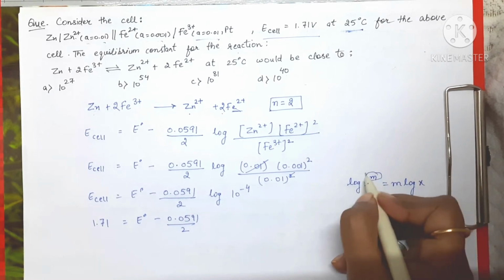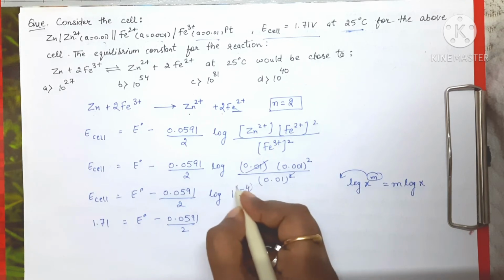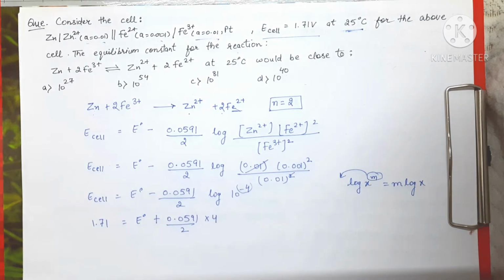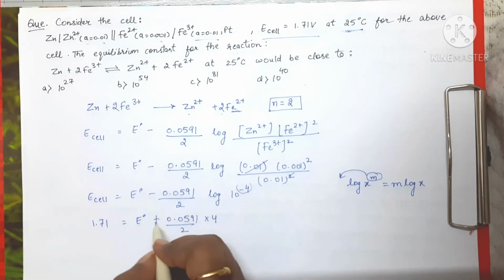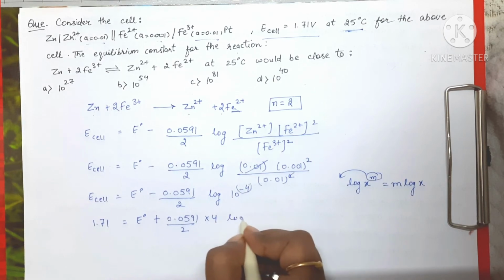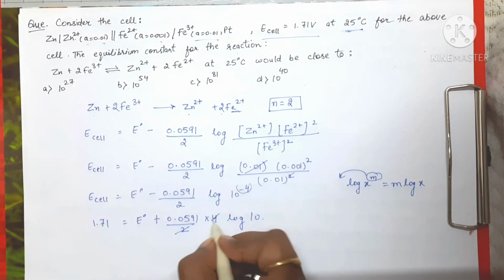That is, this power can come here, so that is what we are going to do. This minus 4 will come here, so minus changes to plus, and this 4 comes here and we get log of 10 here, right? Now 2, 2.